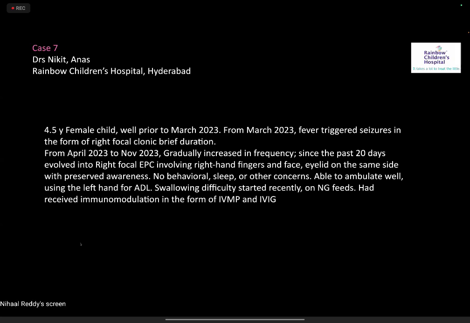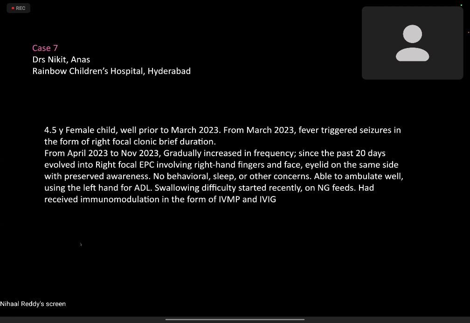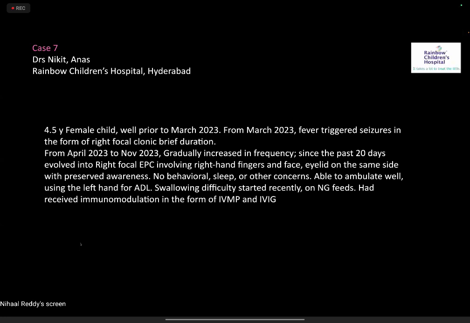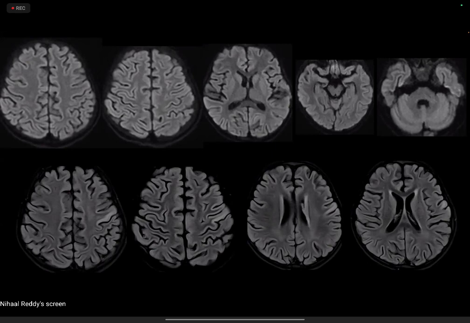So the seizures were difficult to control despite having 4 to 5 anti-epileptics, and she also received immunomodulation with IV methylprednisolone and IVIG and did not show any improvement. So refractory seizures. Yeah, it was an EPC with intact awareness. Another EPC. But only on the right side. All the seizures were on the right side.